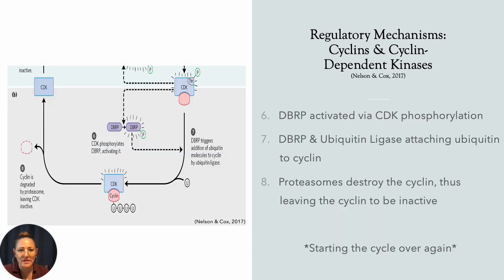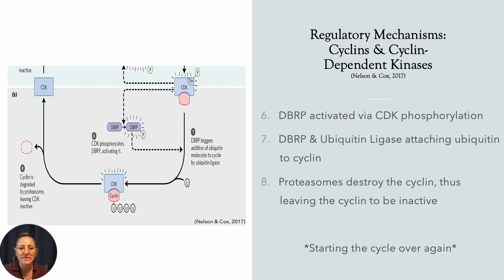We then are rolling into the lower half of that initial diagram, and this is depicting steps 6 through 8. Remember that this entire thing from this slide to the last is all part of that initial diagram that loops and it shows one big cycle. In step 6, located here in the center, the active cyclin CDK complex triggers its inactivation via protein phosphorylation, and this is called a DBRP, or destruction box recognizing protein.